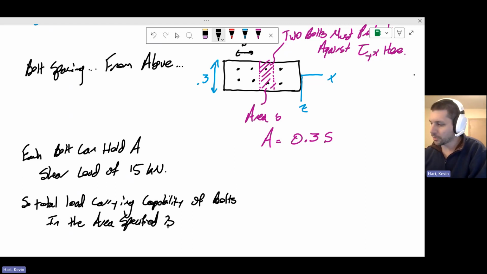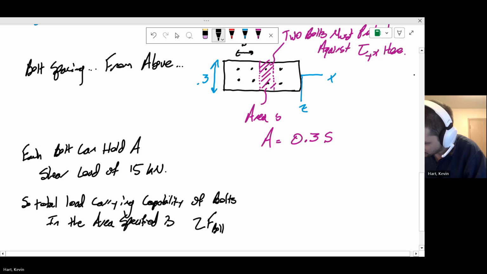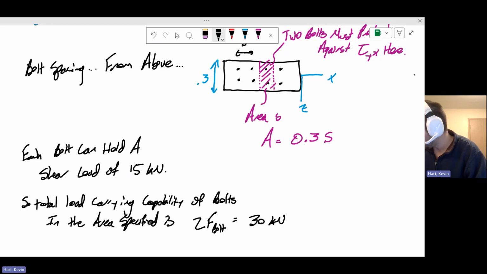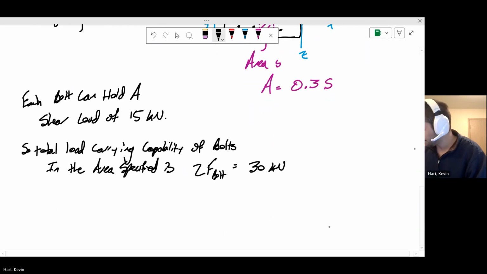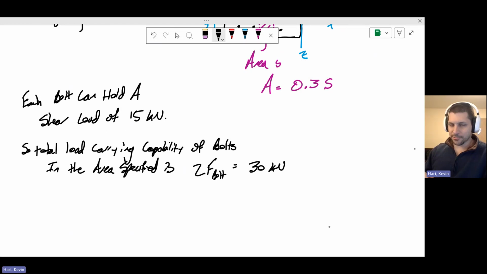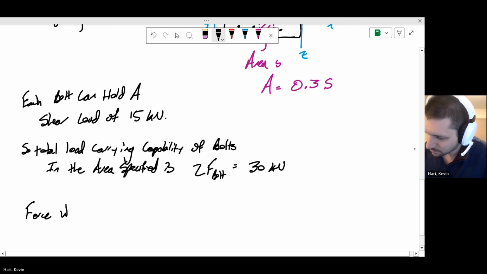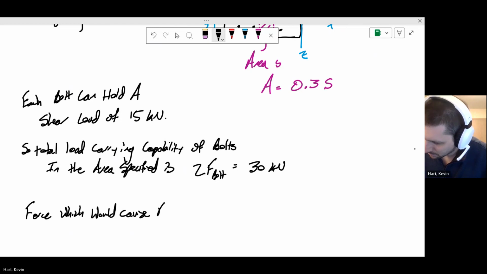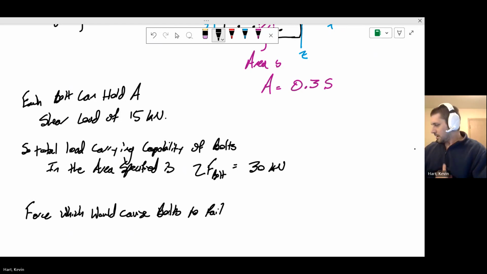Okay, so total load carrying capability of bolts in the area specified is twice this value. So let's call this 2 times the force that the bolt can handle by itself. And so this is 30 kilonewtons total. Now, the force that would cause the bolts to fail is this 30 kilonewtons.